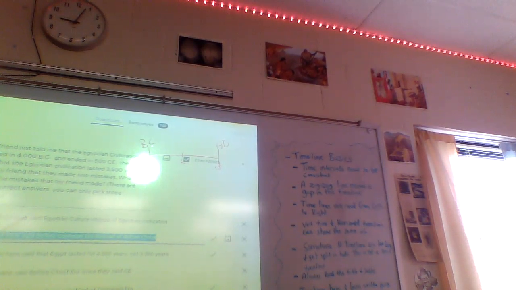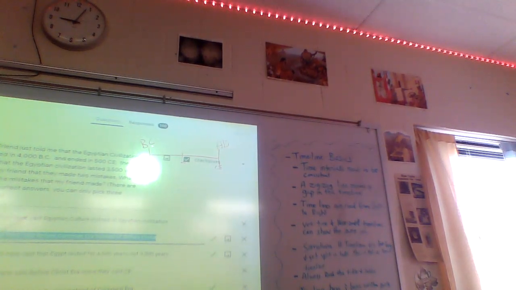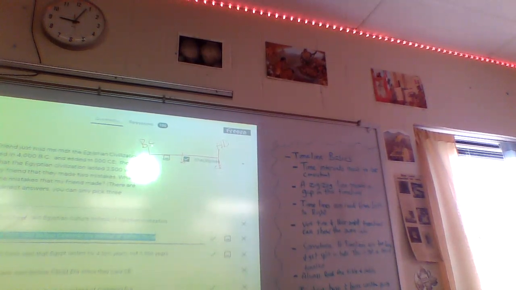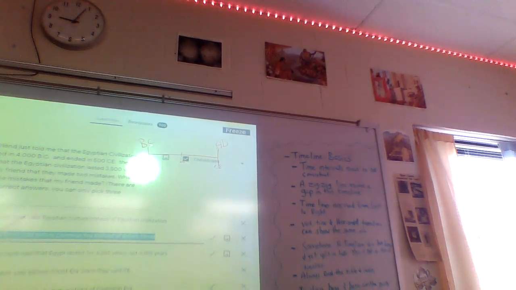So if you know it's correct, you should go ahead and click it. The next one says they should have said Egypt lasted for 4,500 years, not 3,500. I put that one. Is that correct, incorrect, or I don't know? Correct. Because remember, we have different labels here, and if the labels are opposite, you have to add them.